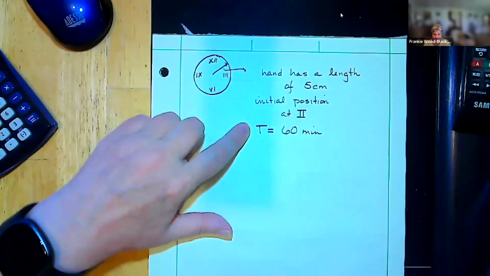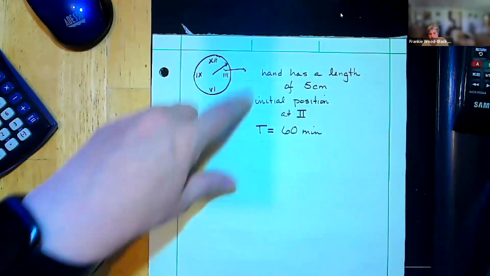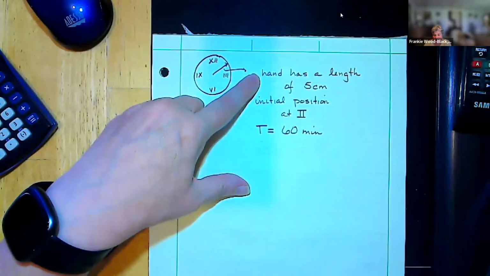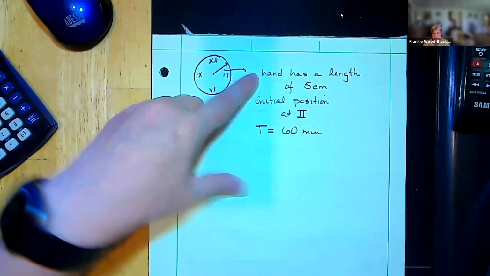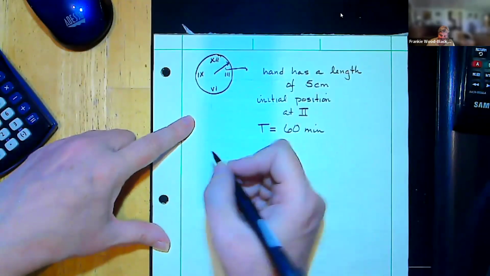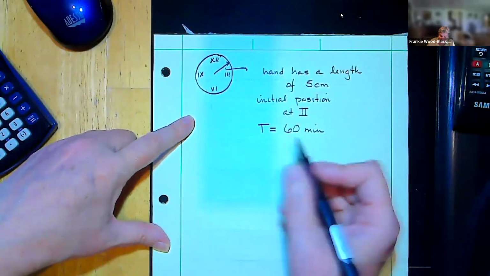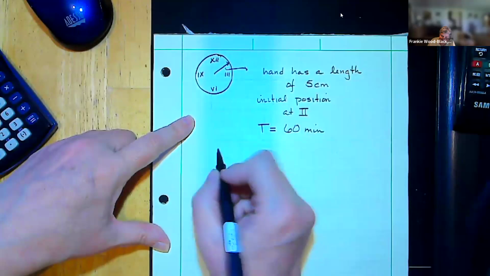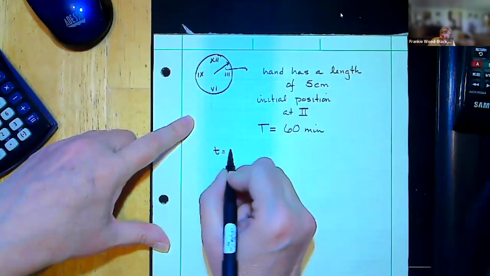Okay, so I've got the period, I have an initial position, and I have where the length is. So I need to know where I need to, first of all, let's find out at t is equal to 0.